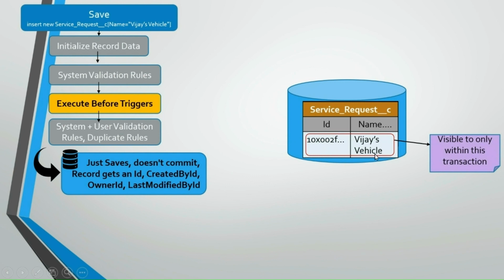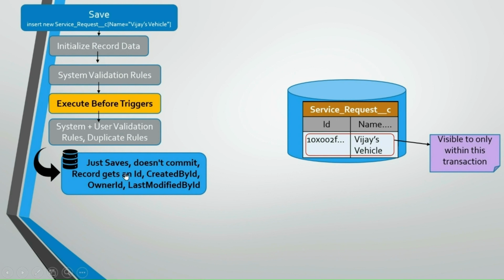That is why it is visible only within this transaction, and this record is not yet available to others. This record will be available to other transactions only when it gets committed. At this point of time, since it has not yet committed, it is only available to this current transaction.